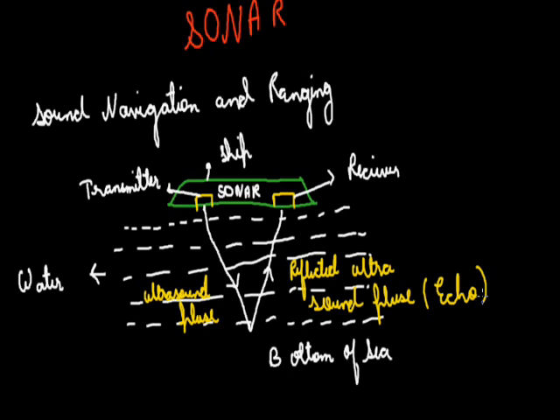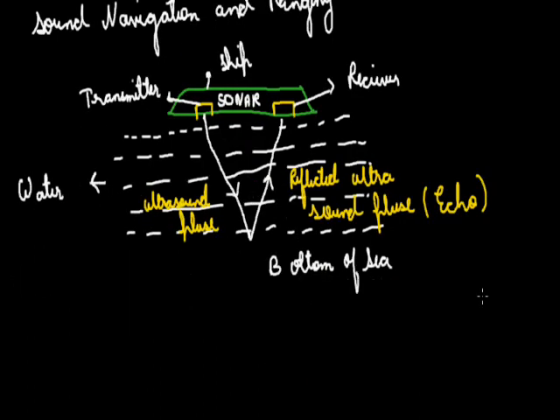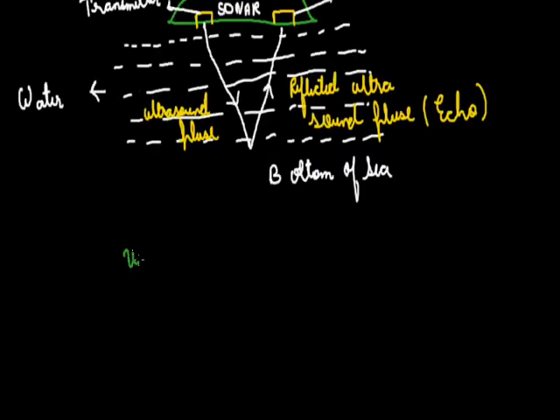This sonar device measures the time taken by the ultrasonic sound pulse to travel from the ship to the bottom of the sea, and by calculating or by measuring this time, we can calculate the depth of the sea as velocity equals 2d by t.